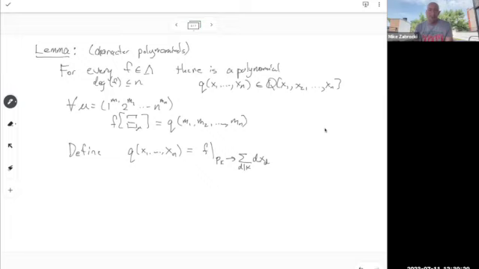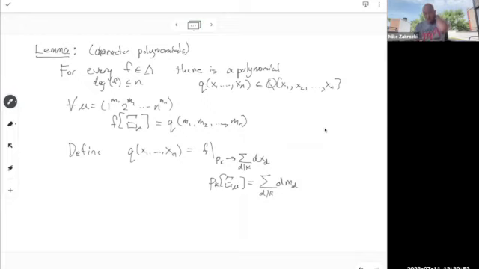Because now if I evaluate my symmetric function on the left at the m's, that is the exact same thing as evaluating the pk's at the psi mu's, right? Because I recall that pk of psi mu is equal to the sum of d divides k of d md.